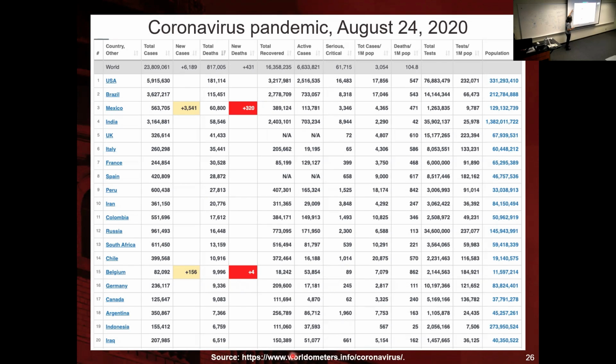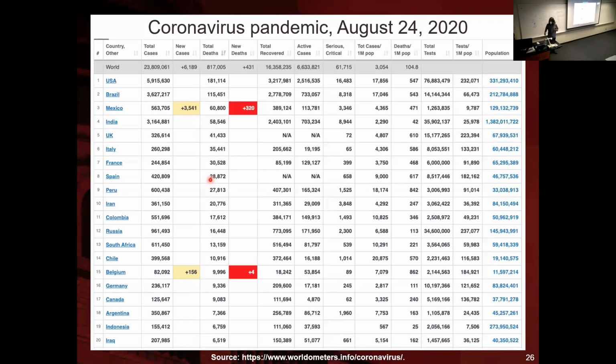And here I just got the screenshot for the top 20 countries with the highest number of deaths, right? They are sorted by deaths here: US, Brazil, Mexico, India, UK, and so on. So this is one example of a microdata, a database, a data set.